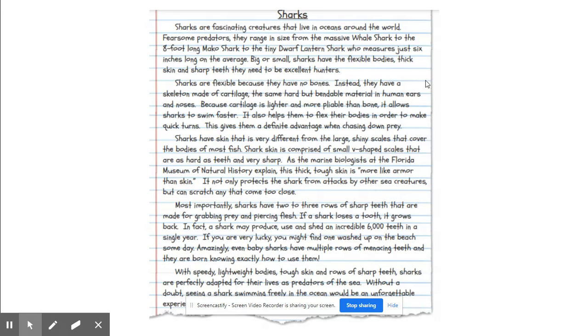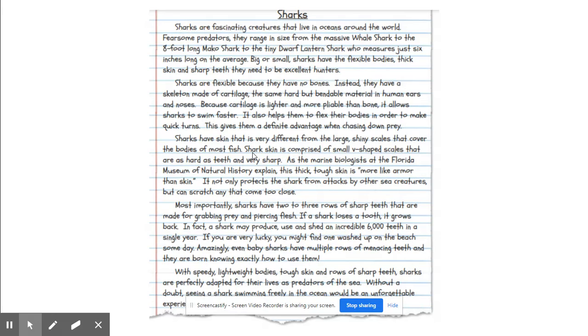Sharks are flexible because they have no bones. Instead, they have a skeleton made of cartilage, the same hard but bendable material in human ears and noses. Because cartilage is lighter and more pliable than bone, it allows sharks to swim faster. It also helps them to flex their bodies in order to make quick turns. This gives them a definite advantage when chasing down prey.